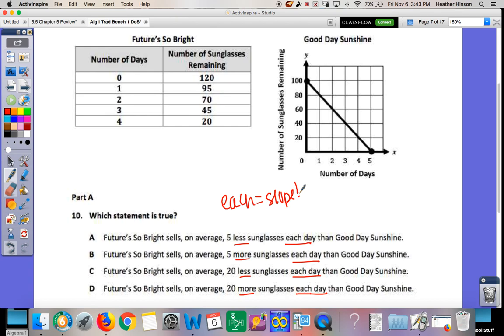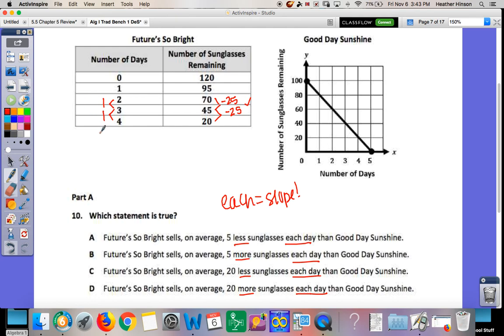How do we find slope on a table? All we have to do is subtract up. 20 minus 45 is negative 25. Double check it to make sure you're right. 45 minus 70, negative 25. So we know we're good. Other side as well. 4 minus 3, 1. 3 minus 2, 1. So we know they're the same.